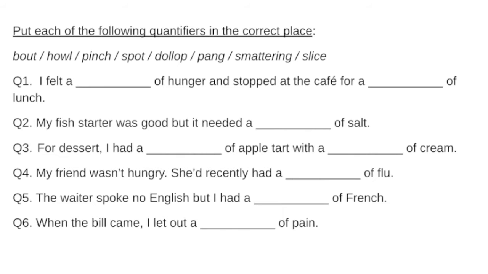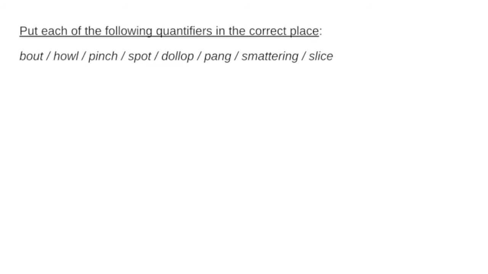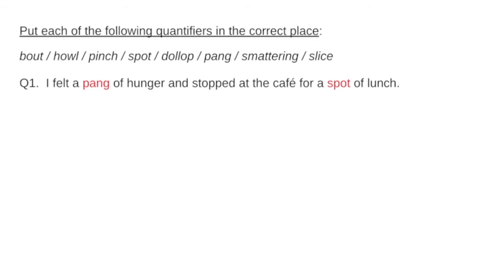Okay, so if you're back and you've joined us again, let's now see how you did. So let's look at number 1. I felt a pang of hunger and stopped at the cafe for a spot of lunch. So a pang is something you feel. You feel it in your body. It's a physical sensation. Here it's the feeling of being hungry.